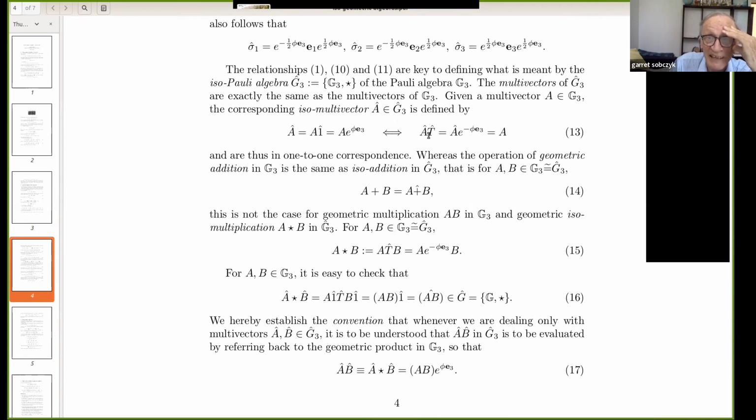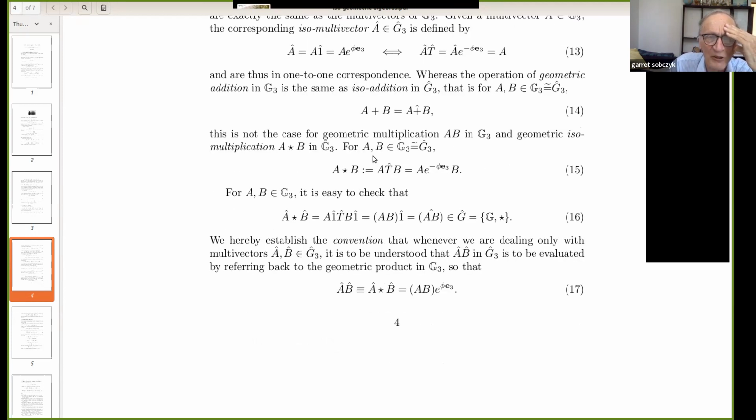Here you can see that 1 hat is the iso unit in the isogeometric algebra, but it corresponds to the element in the geometric algebra G3, A times e to the phi E3.